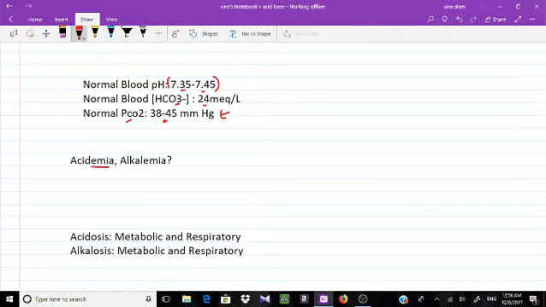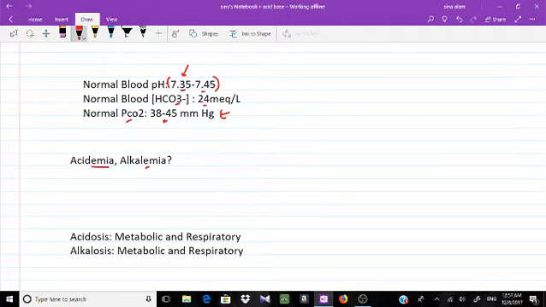Emia means blood, and acidemia means acid in the blood. You can guess the pH will go down from our range, because when the pH goes down, the H plus goes up, and when the H plus goes up, we call it acidosis. Alkalemia is the opposite. The pH is higher, which means H plus is lower.